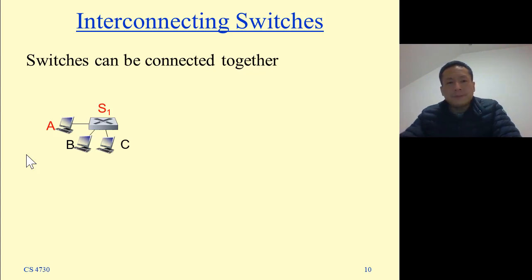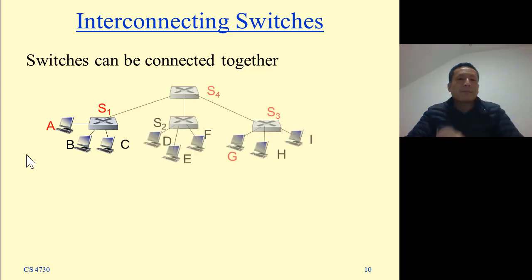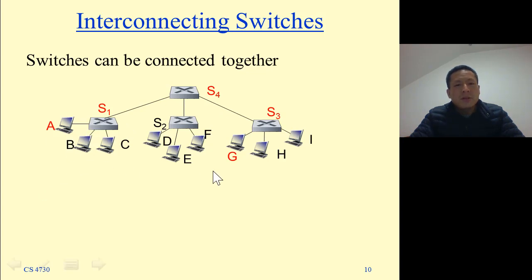But in reality, there could be many different switches connected together. It may be a hierarchical structure like this. You may have this switch, this host, this switch, this host, this switch to this host.